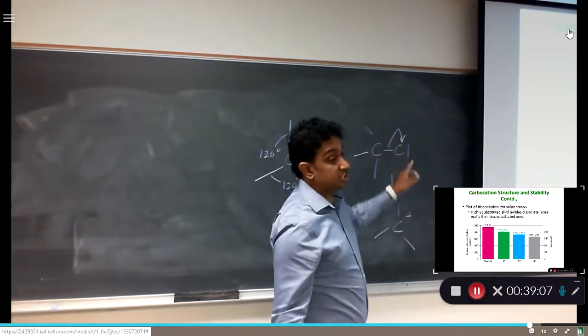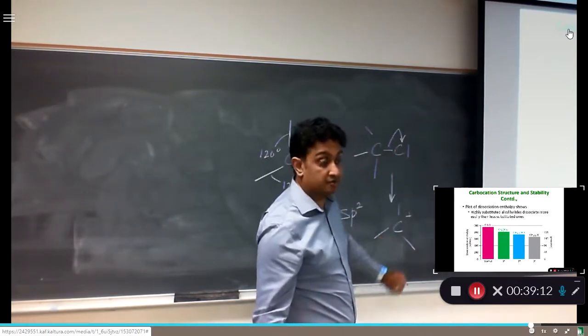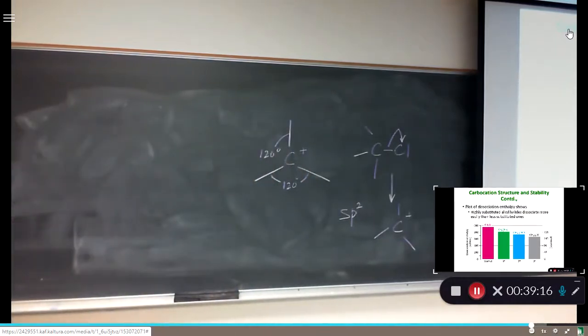So the dissociation energy is low if the carbocation is more stable. As you can see, the final product, (CH3)3CCl, has the lowest dissociation energy.